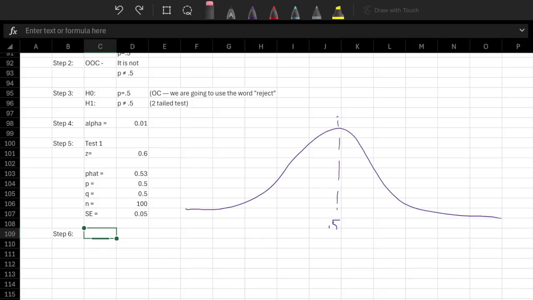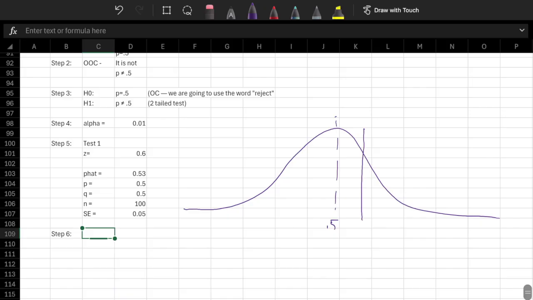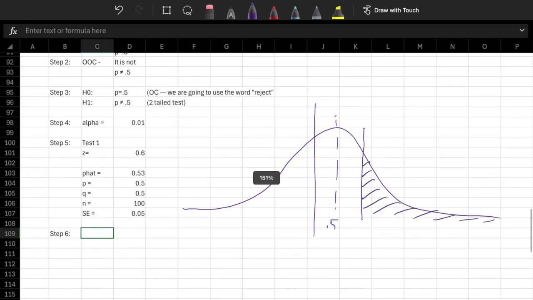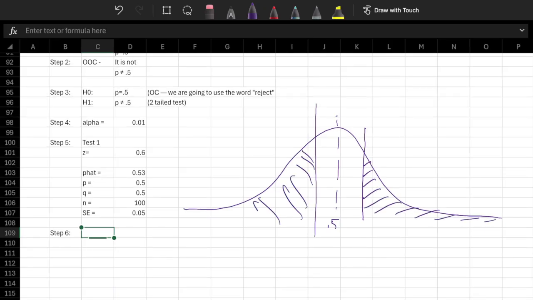So that's going to be like right here. Now the tail, two-tailed, you do both sides. That one and that one. All right, so let's go ahead and find this two-tailed probability.